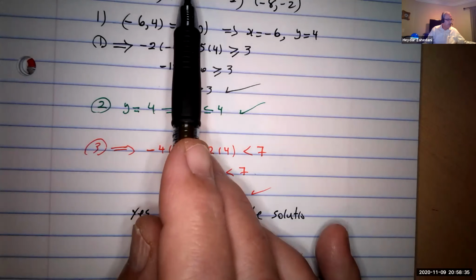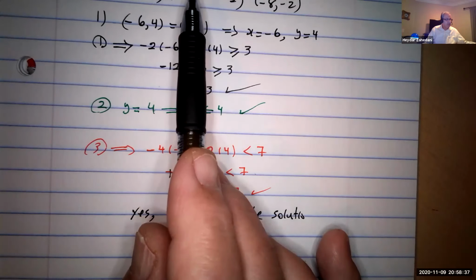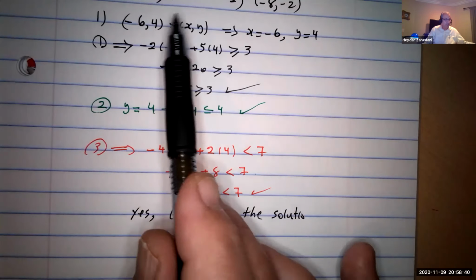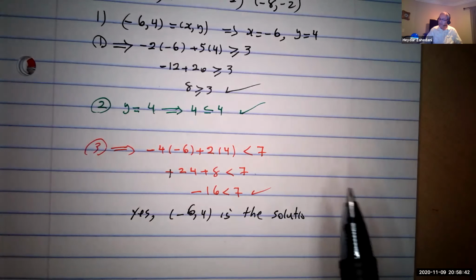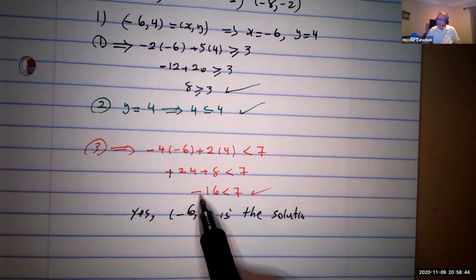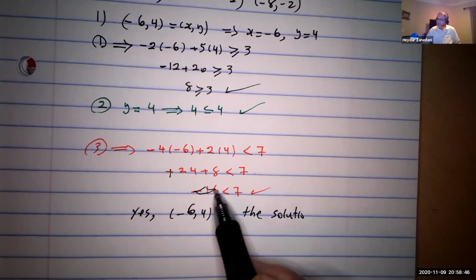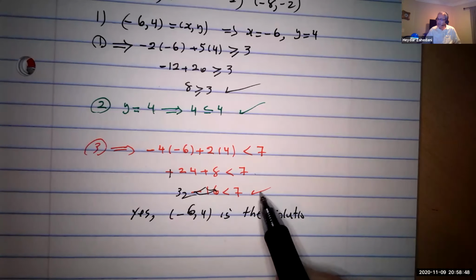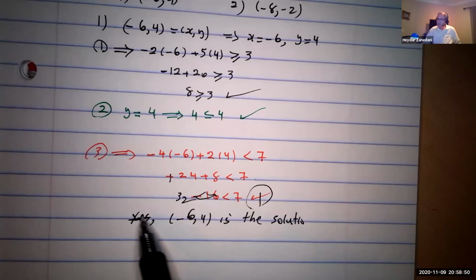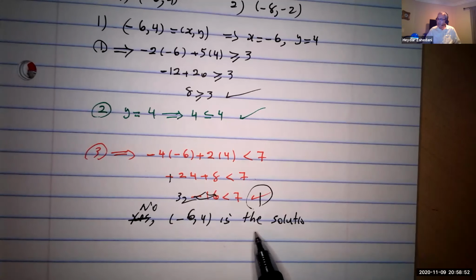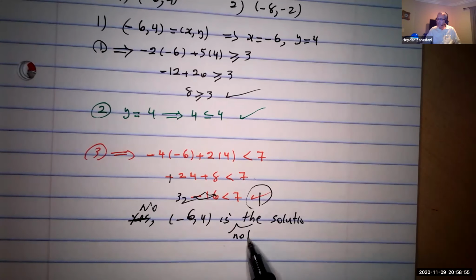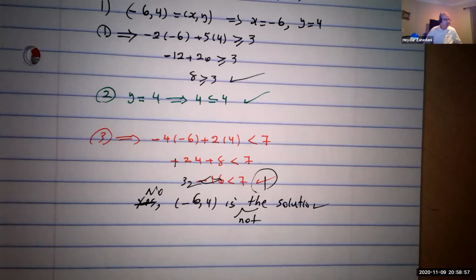That's a negative 4x plus 2y, and I have a negative. Yes, okay, you are right. So this is going to be a positive 32. So this means no, it is not going to be the solution of the equation.